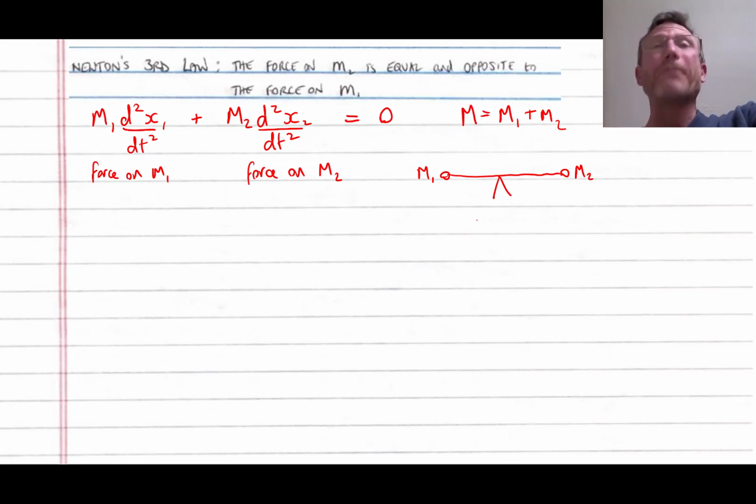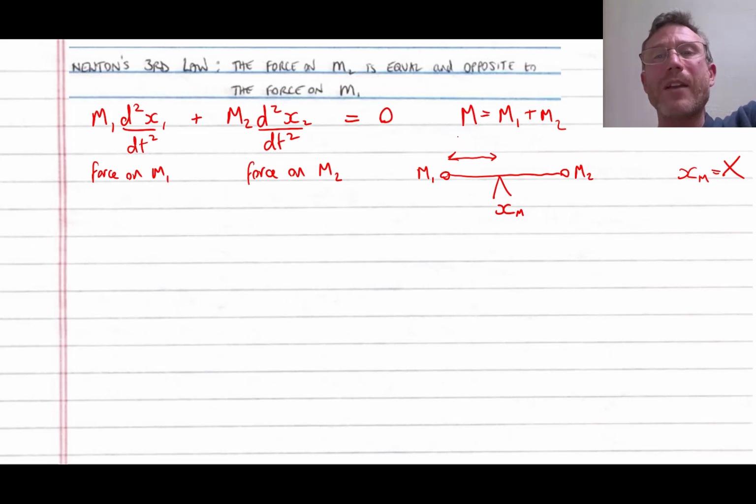That means that the fulcrum here must be at the center of mass. I'm going to call that x sub m for the time being. Later on, by the way, I'm going to say that x sub m is going to be equal to capital X in here. But for now, we'll keep it as so, and we're going to recognize these positions.